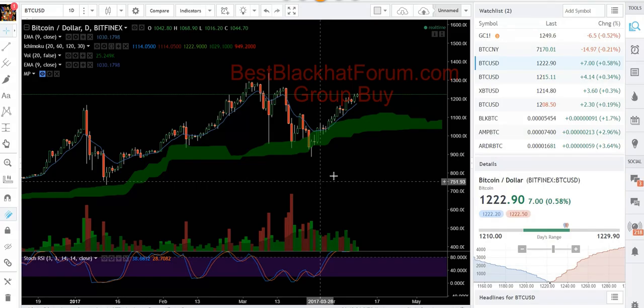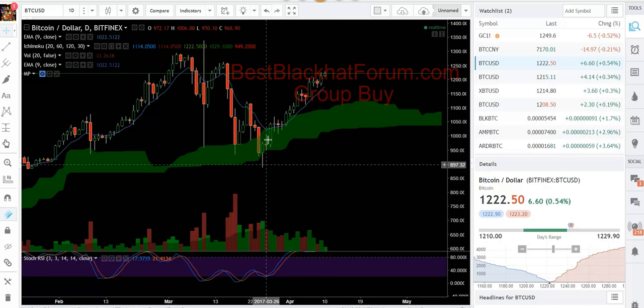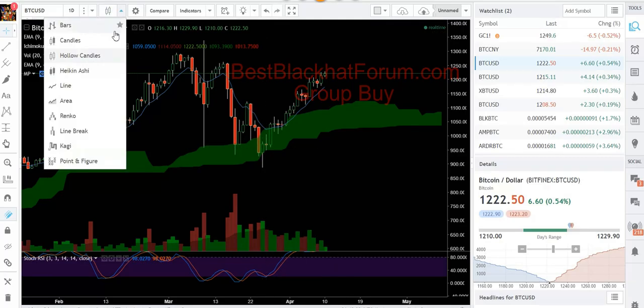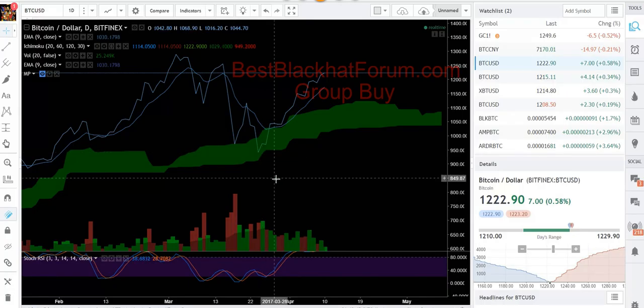Okay, so we can see that we had some expansions in price that left the cloud area here, but when we consult our true open and close price here, okay, which is the line, it didn't even really leave. We did not open the next day outside of the cloud.